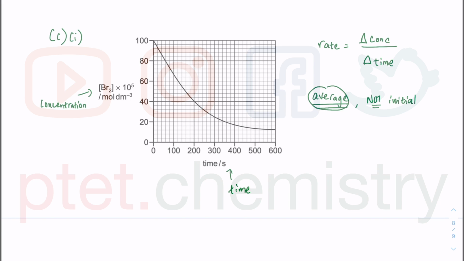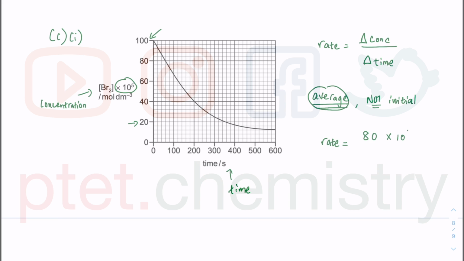So altogether, from the very beginning, I have 100, and then at the end, I have 20. So my rate is going to be the change in the bromine concentration. Be very careful, read the graph. This is a reading times 10 to the 5. So this is 100 minus 20. Actually, it's 20 minus 100, but the change is 80, because from 100 to 20 there's a change of 80.